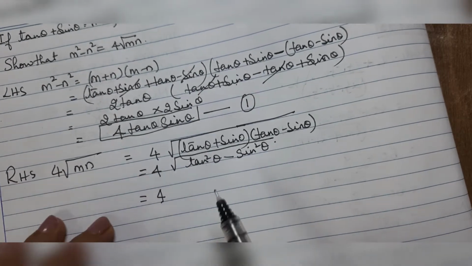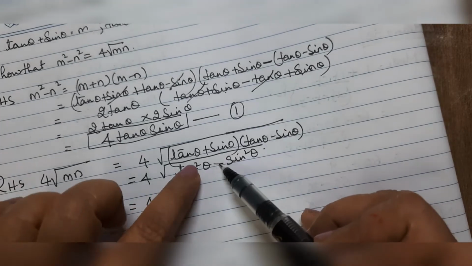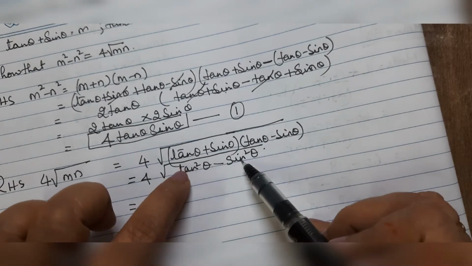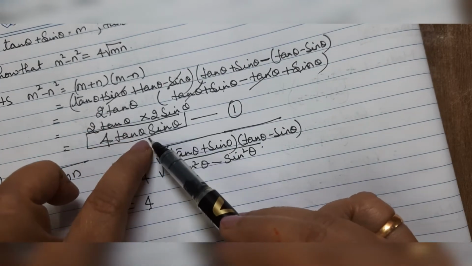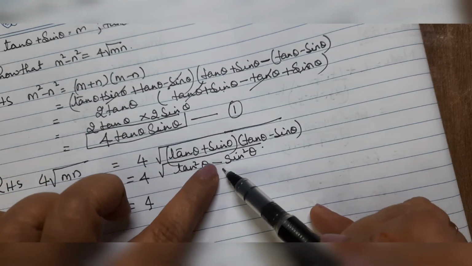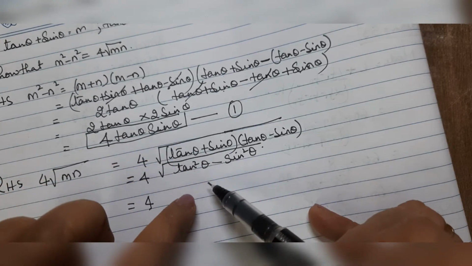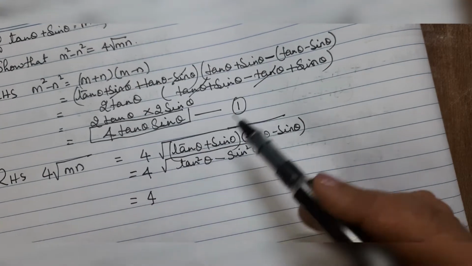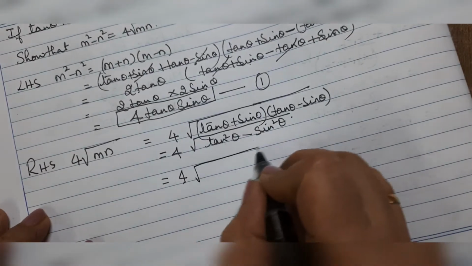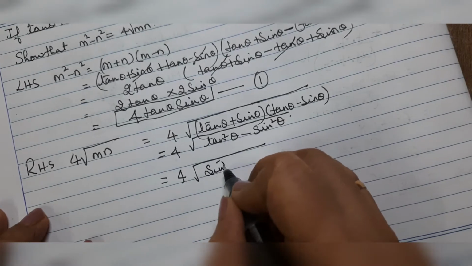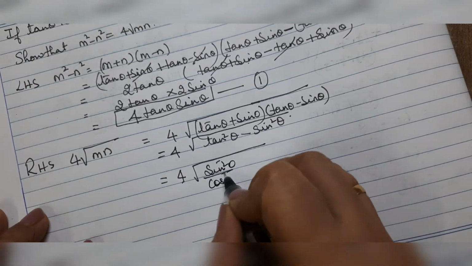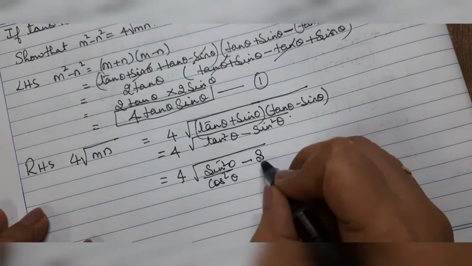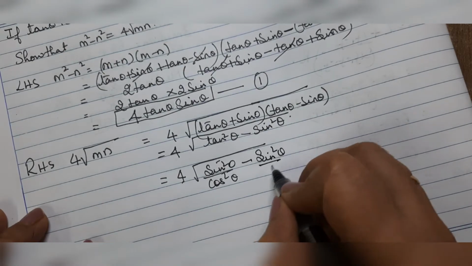So whenever in trigonometry you come across this type of question where there are two same terms, they are in multiplication, here you have plus or minus sign, then reduce them to sine and cos, take LCM and you will get it. So we will reduce the sine square theta divided by cos square theta minus sine square theta by 1.